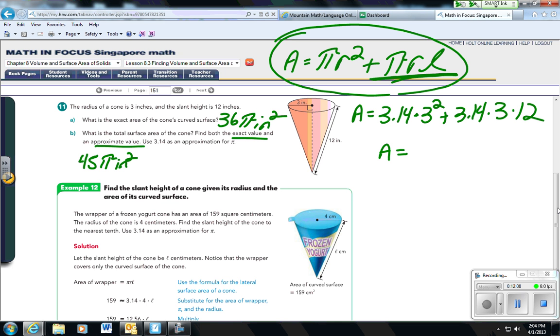And when you multiply all of that together, you're going to get 141.3. And we label that 141.3 inches squared for the approximation. All right, those are all your notes for 8.3.